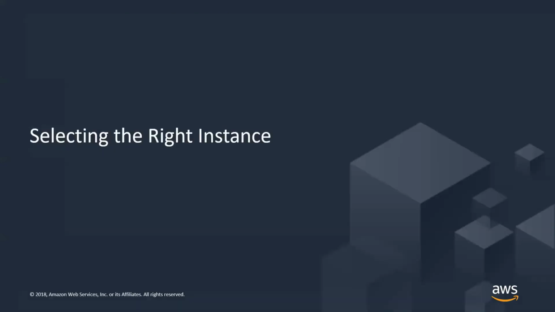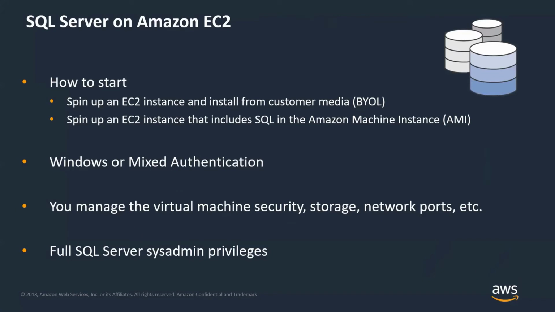Right. Next, selecting the right instance type. As I mentioned earlier, AWS provides a lot of different options to you. However, you can just start with the base Windows OS in an EC2 instance and then install your own license of SQL Server, or you can launch an EC2 instance which has already been baked with SQL Server from the EC2 Launch Console.